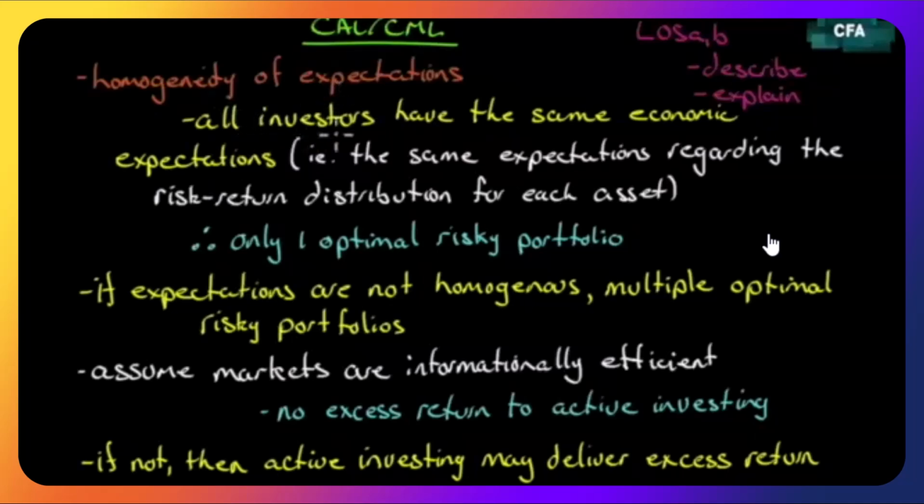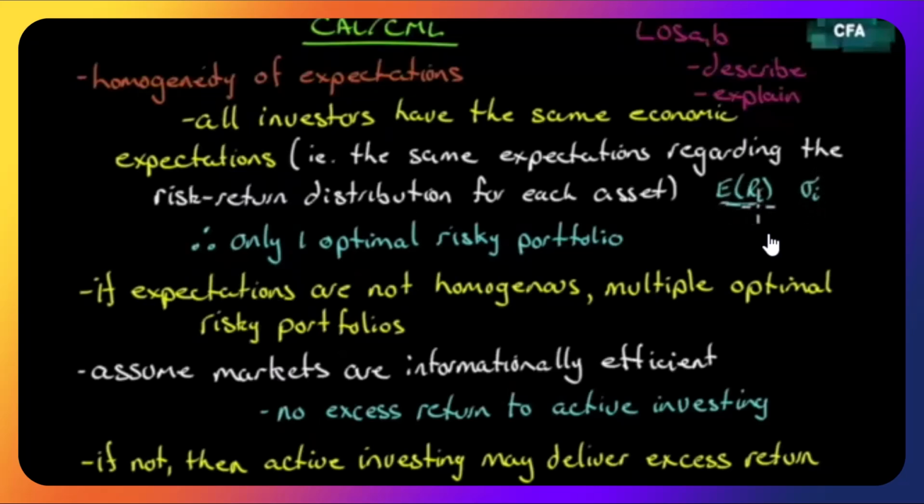That assumption says all investors have the same economic expectations, meaning the same expectations regarding the risk-return distribution for each asset. Because remember, what do we need to determine what constituents and what weightings we want on assets in a portfolio? We need two things. We need the expected return of I, and we need the standard deviation of I.